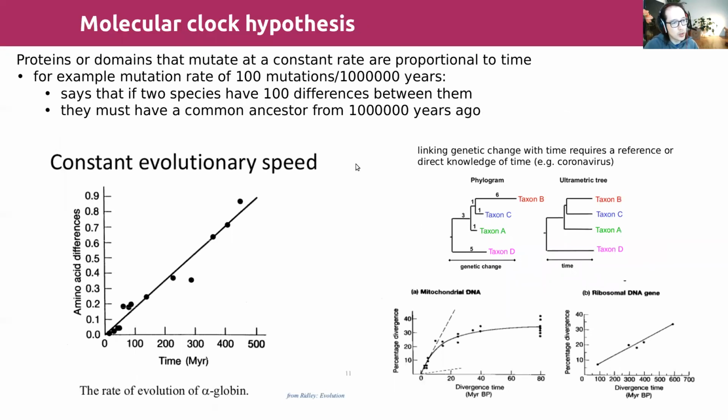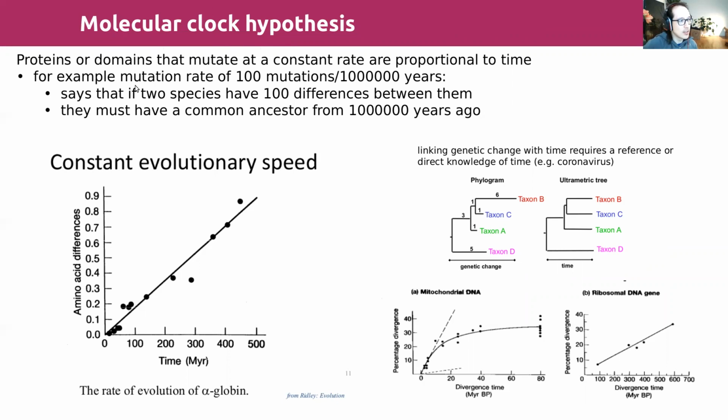The mutation rates in things that are not undergoing strong selective pressure changes, these things that are mutating or varying at a constant rate, can be used as a reference for time. This is called the molecular clock hypothesis.